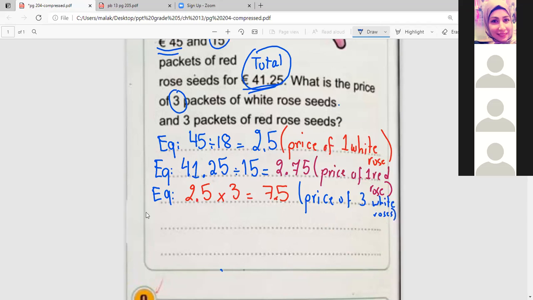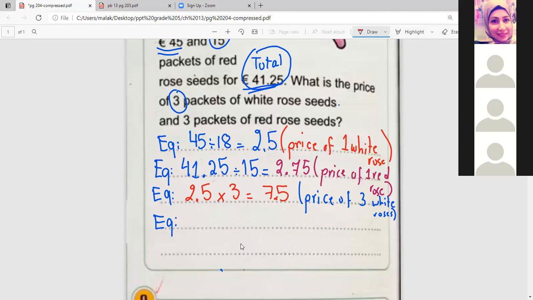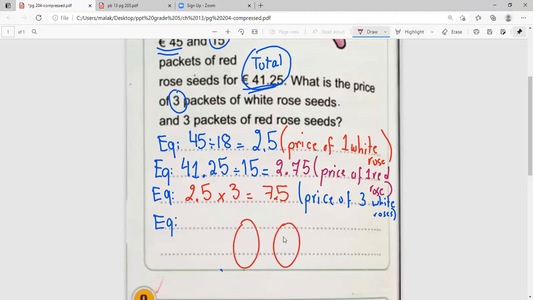Now red roses the same, 3 packets of red roses. Arij, we need to find the price of 3 packets of red roses, knowing that one red rose costs 2.75.